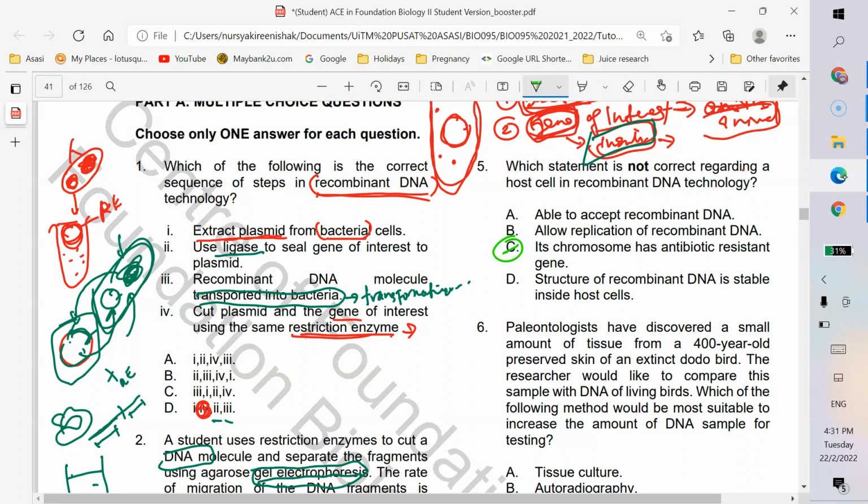Khairil? AMPR kan, ampicillin resistant gene. Sepatutnya ada kat mana? Ampicillin resistant gene should be where? Is it supposed to be on the bacterial chromosome or somewhere else?